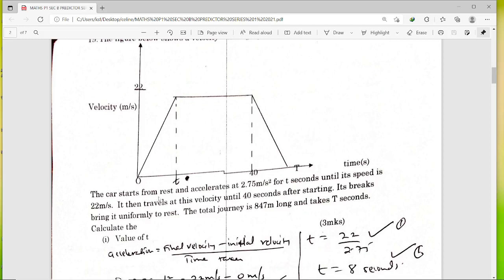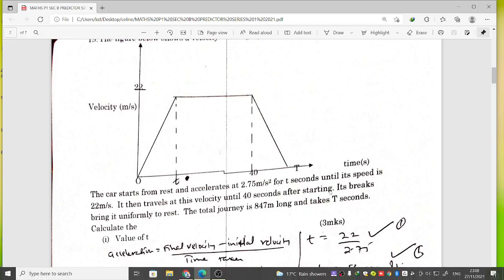So the car starts from rest and accelerates at 2.75 meters per second squared. That is the acceleration from rest at this point. The acceleration is 2.75 meters per second squared for t seconds. It accelerated for this time t.